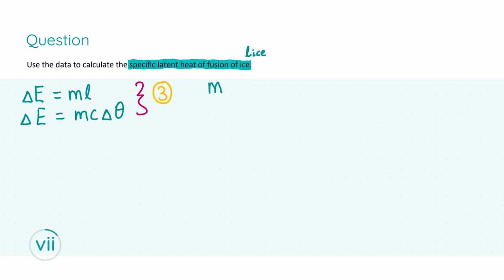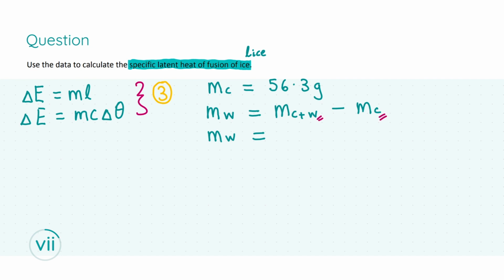calorimeter. Well, we know the mass of the calorimeter is 56.3 grams, and we're going to need this to calculate the mass of the water and the mass of the ice specifically. Okay, so the mass of the water is equal to the mass of the calorimeter plus the water minus the mass of the calorimeter.